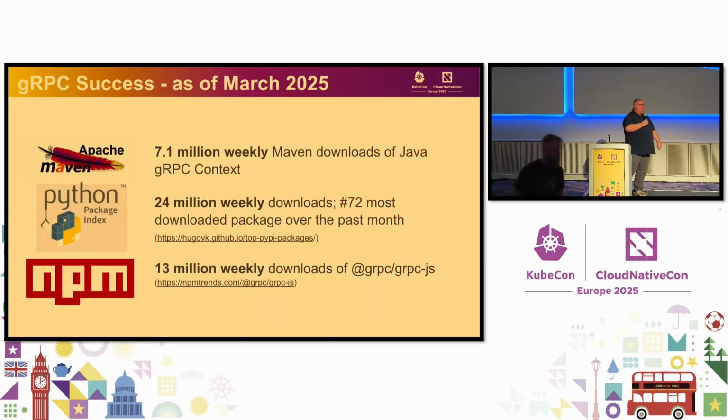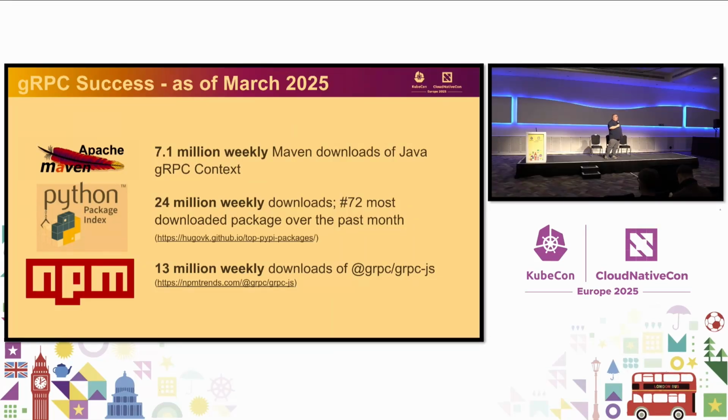So before we jump into the main content for the session, more technical stuff, I did want to share a little bit of the success stories that we've had with gRPC over the last year. What we're seeing right now is for Java and Apache Maven, we're having 1.7 million downloads every week.